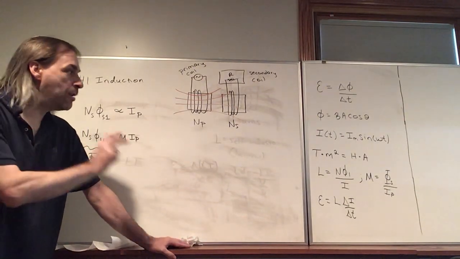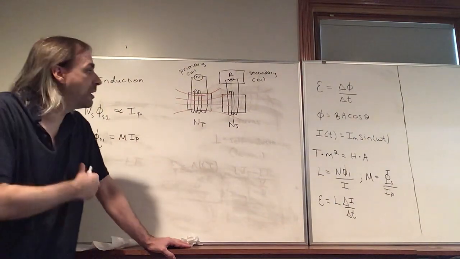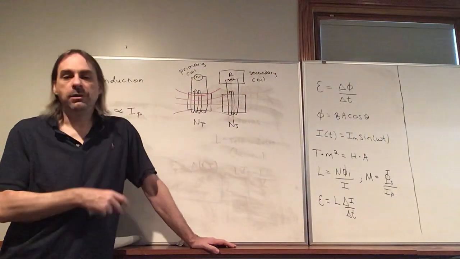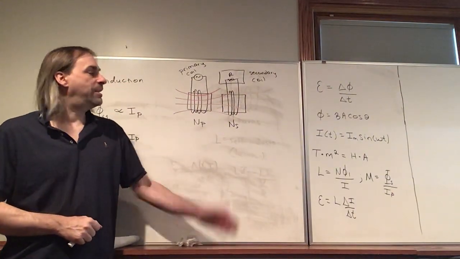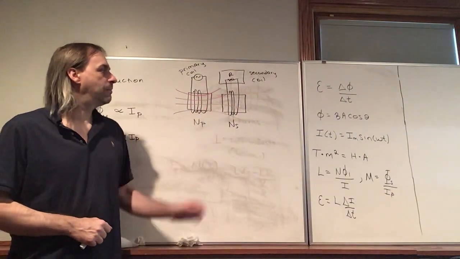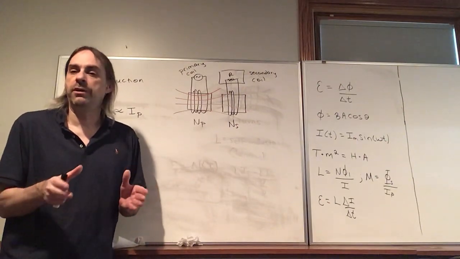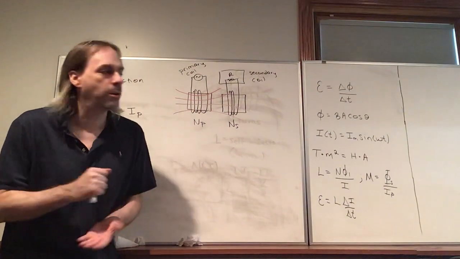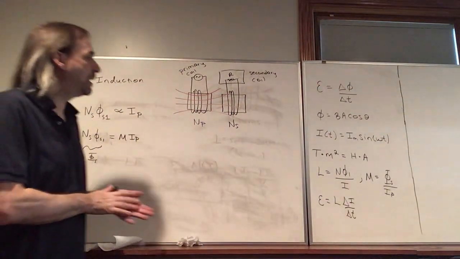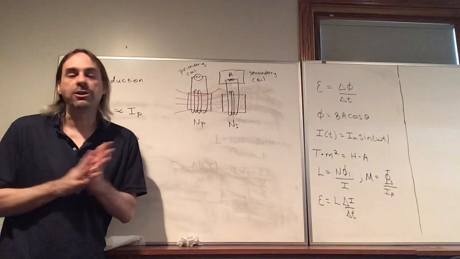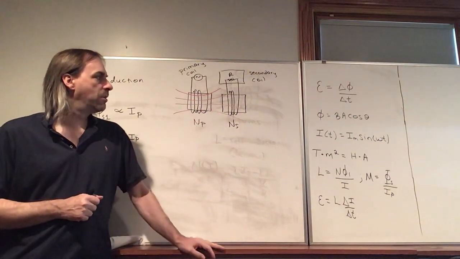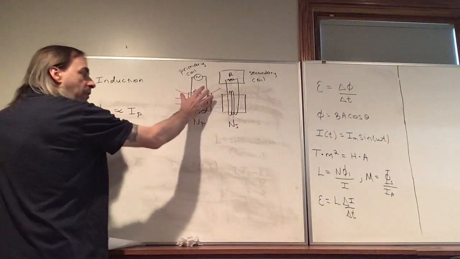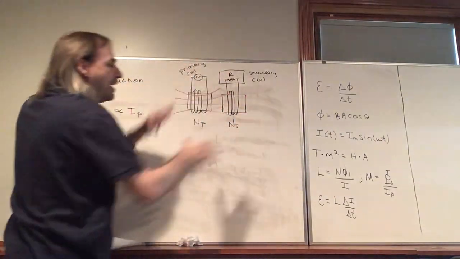Now again, calculating mutual inductance would be very difficult. Self-inductance has its own issues. But for self-induction, you can imagine in some cases you can have a fairly uniform magnetic field, especially if you have a solenoid, where you can get a pretty good approximation by ignoring the edge effects. Here, we're not going to be able to avoid edge effects. The field is produced over here, so it's definitely going to be spreading out.